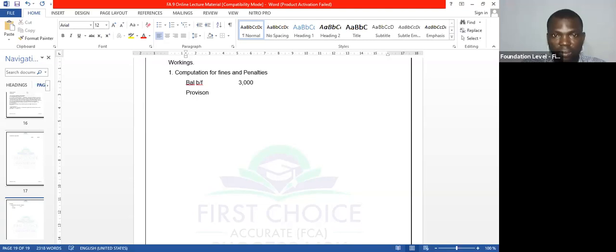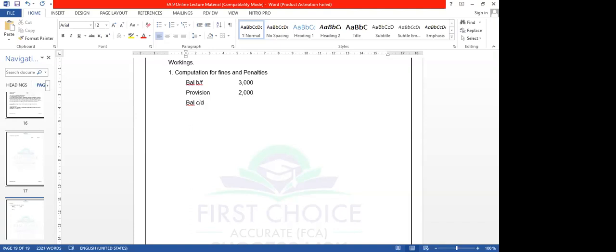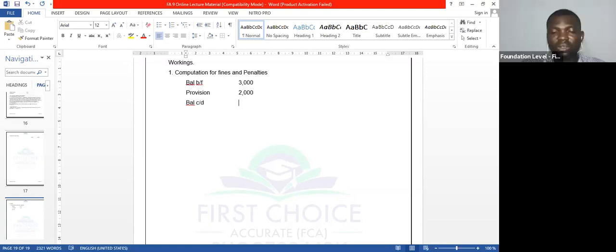So it means that the balance carried down will now be 5,000. Addition of the two together is 5,000, so that is what I'm going to recognize.